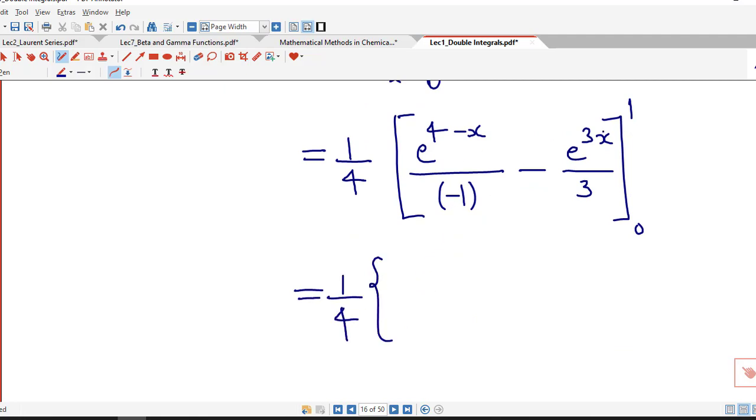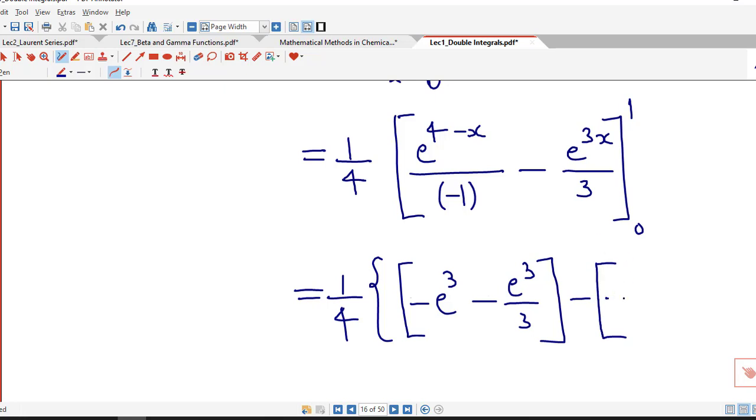So if we put x equal to 1, for the upper limit we have, this minus sign outside, and this is going to be e raised to 4 minus 1, that is 3, minus e raised to 3 divided by 3. This is for x equal to 1.